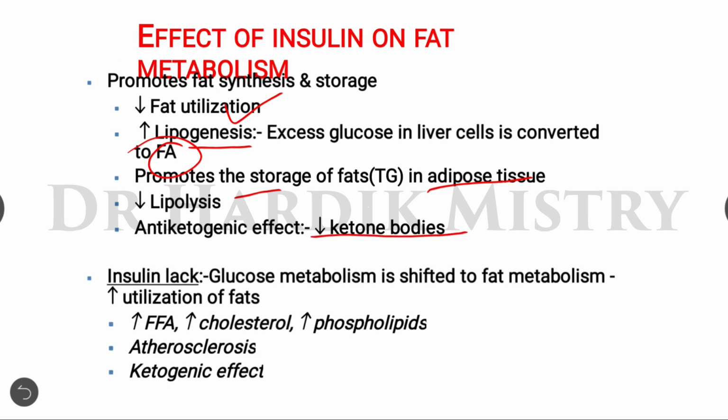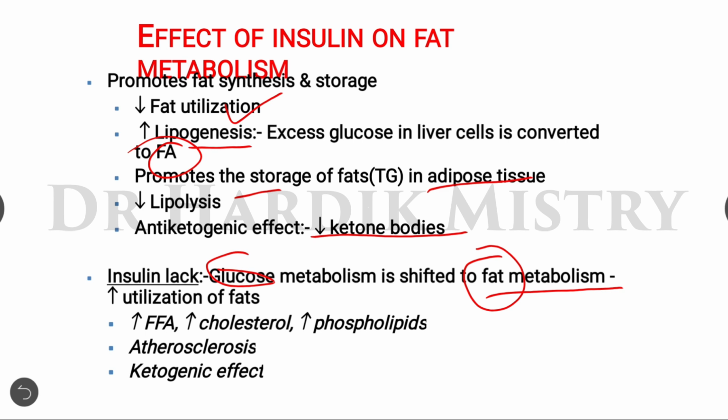When insulin is lacking, glucose metabolism shifts to fat metabolism. One thing we have to note is that when insulin is present in our body, the main source of energy is glucose, and when insulin is not present, the main source of energy becomes fat.